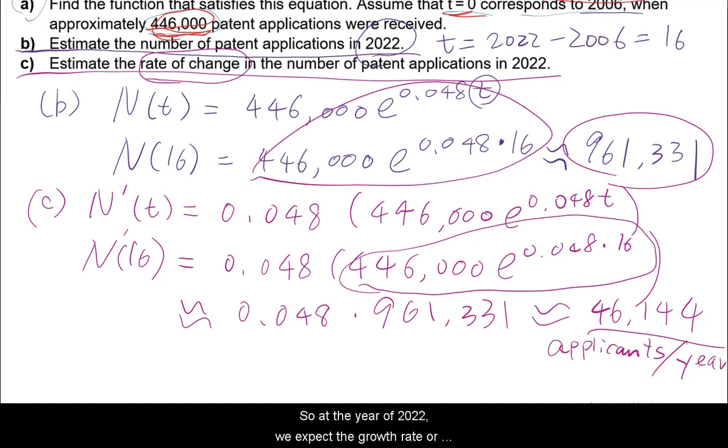So in the year 2022, we expect the growth rate, or rate of change, of the applicants to be 46,144 applicants per year.